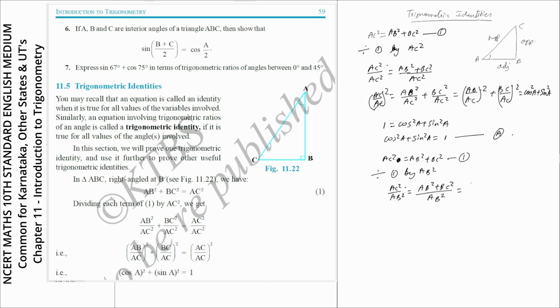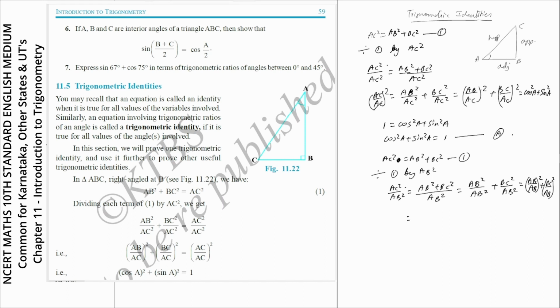So now I can split the right hand side: AB square by AB square plus BC square by AB square. Now with respect to angle A, I will simplify further. This I can write as AB by AB the whole square plus BC by AB the whole square.